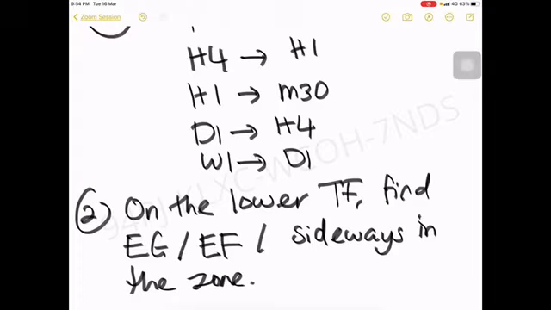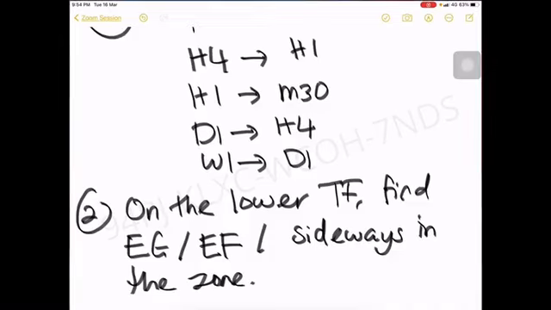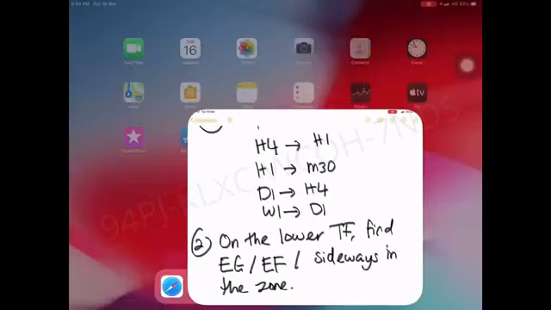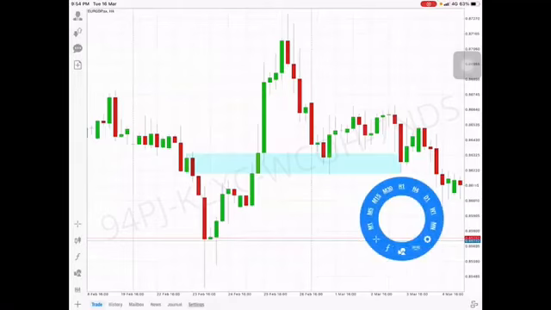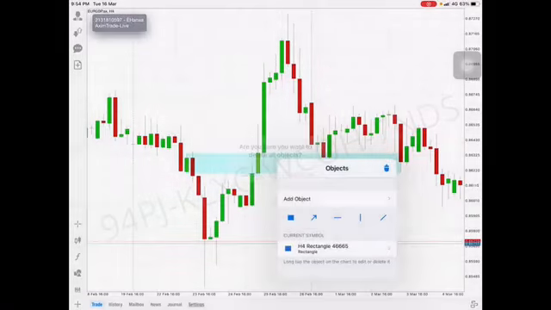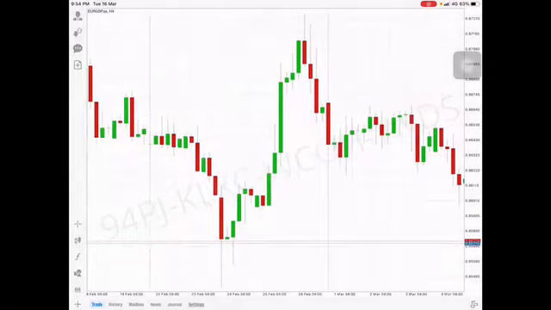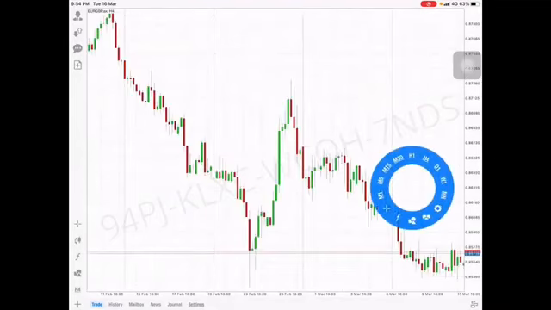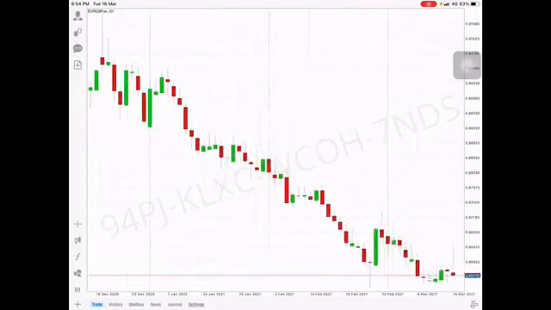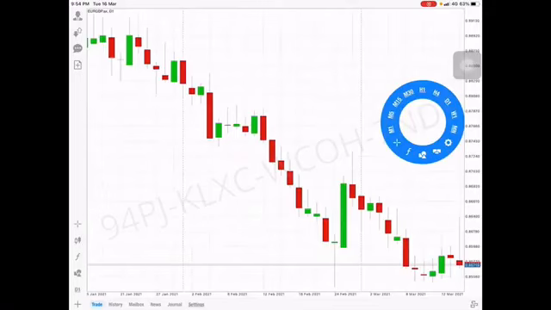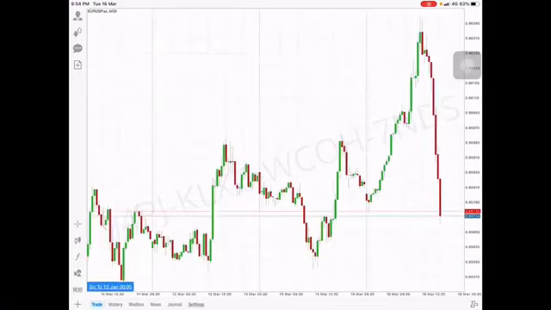All right, I'm going to go to the chart. Let's try and see if we can find any DOM. Let me see if we have any big movement.